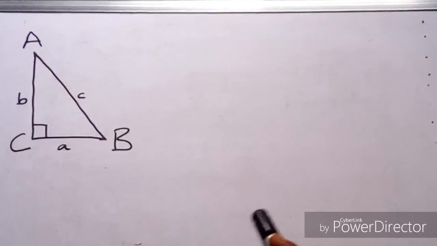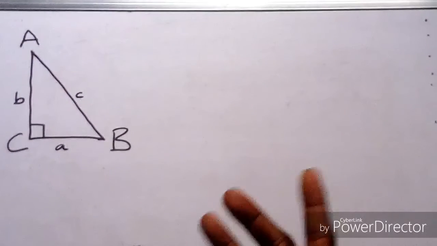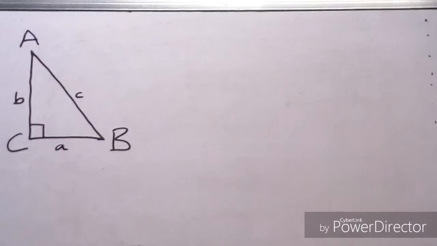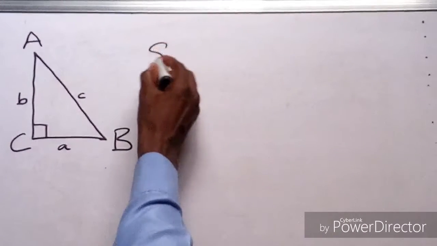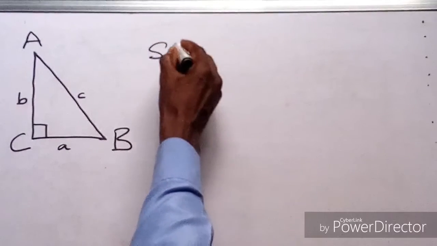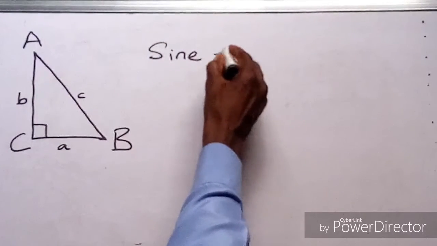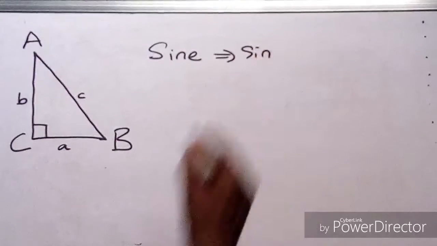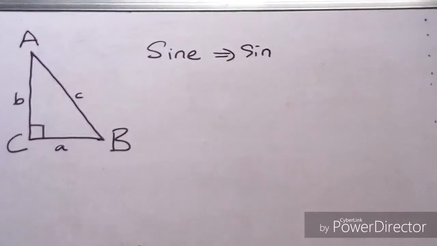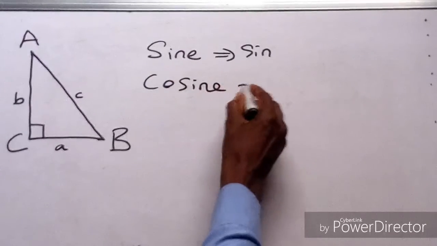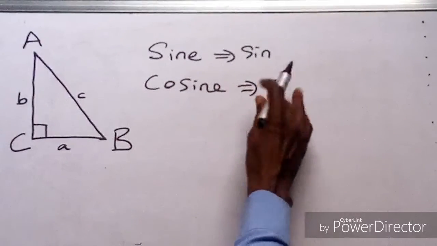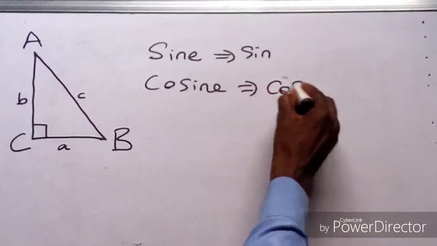We have 3, like I said, we are going to look at 3. We have sine, abbreviated as sin. We have cosine, and cosine is abbreviated as cos.